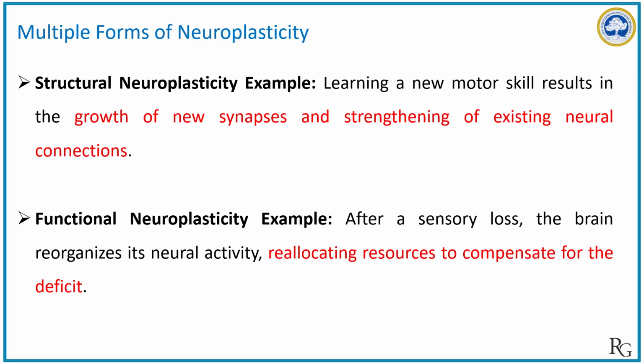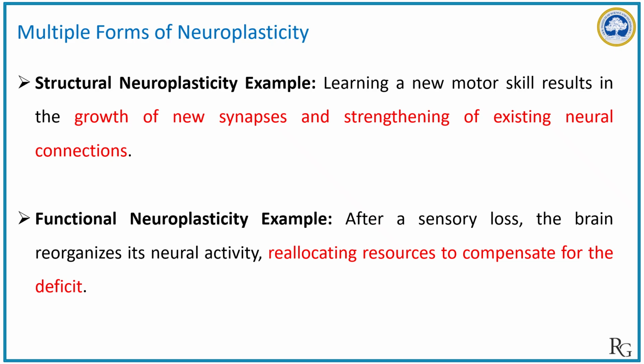This kind of plasticity supports long-term memory and motor skill acquisition. Whereas, on the other hand, functional neuroplasticity involves changes in the brain's activity pattern. For example, when someone loses their vision, the brain does not let that part of the cortex go to waste. Instead, it reorganizes itself, reallocating that neural real estate to support other senses like touch or hearing.